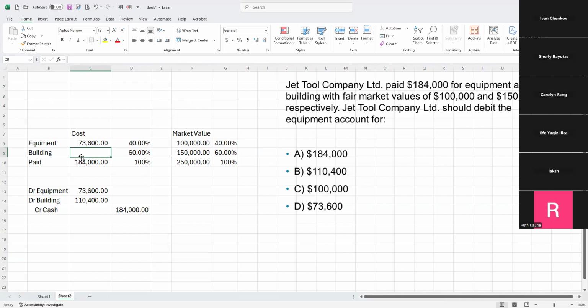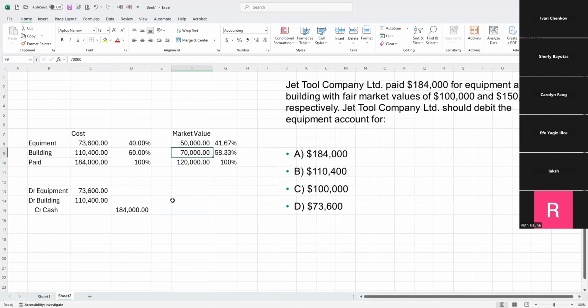Can I go the opposite way? If I'm paying $184,000, but later on I found out that the market value here is 50,000 and the market value of the building is only 70,000, can the question go in that direction?